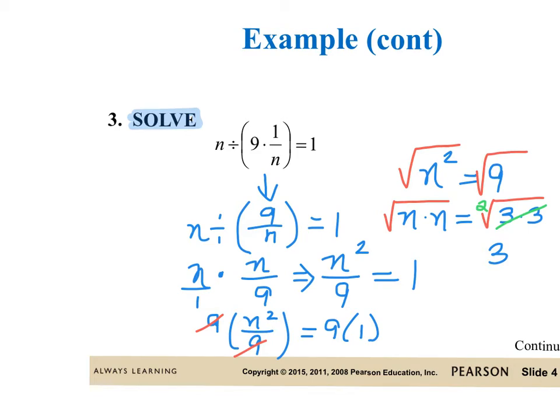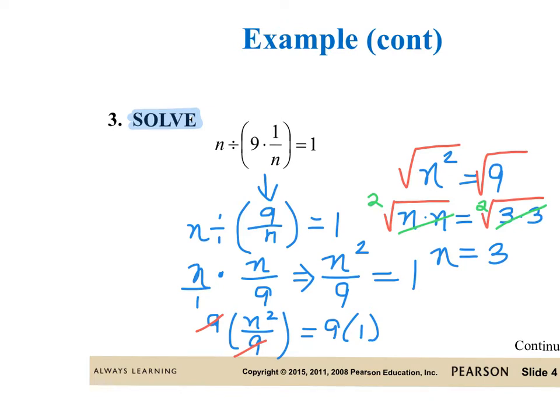And then, by the same token, a pair of n's under a square root radical means we can bring those out, and that's equal to a single value of n. And we have n is equal to positive 3.